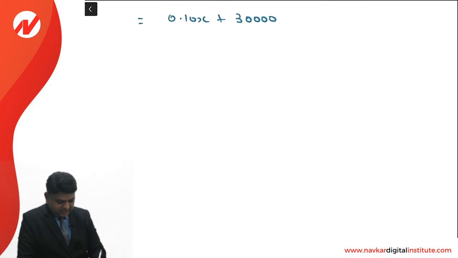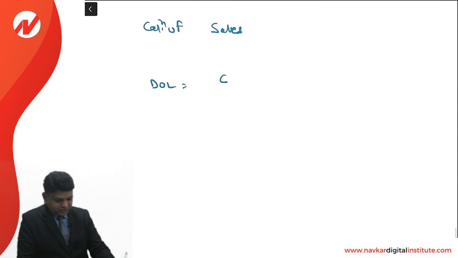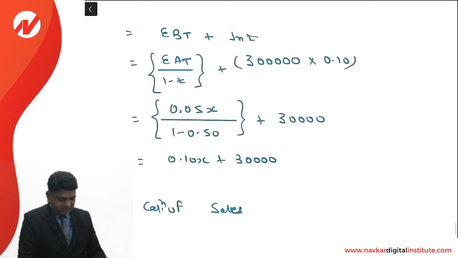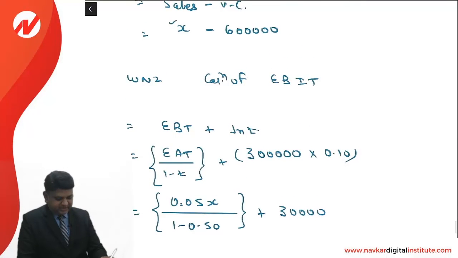Now calculation of sales. For that we'll use the formula of DOL, that is contribution upon EBIT. DOL is 4. The amount of the contribution is X minus 6 lakhs.